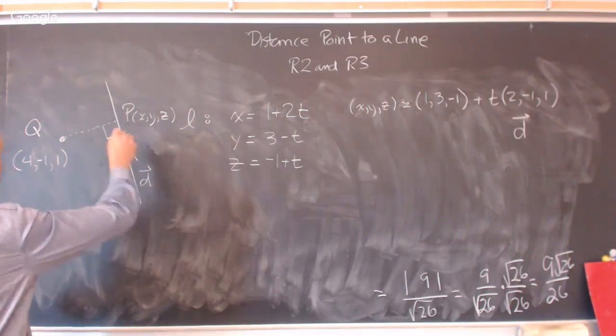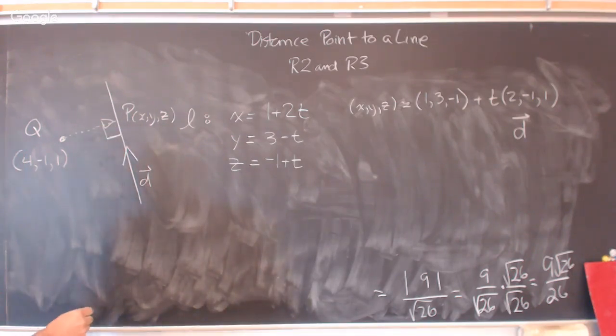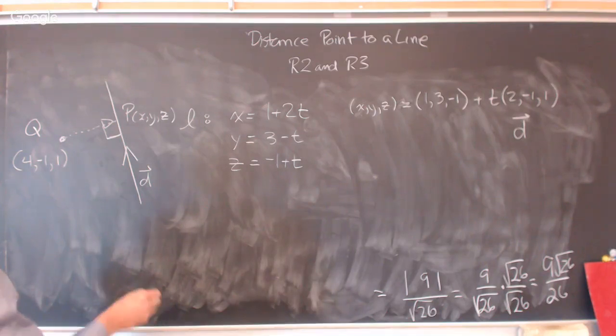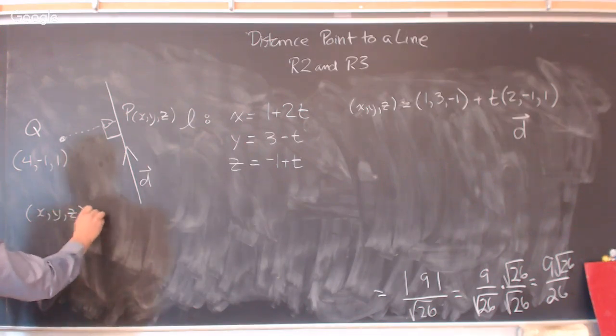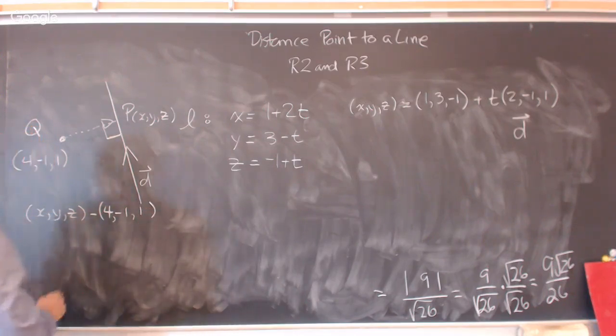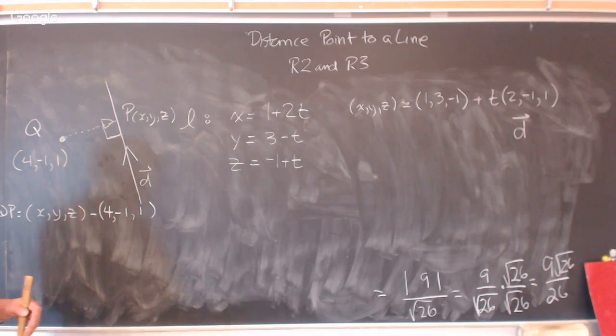Okay, all right. So first of all, we need to do QP, and so we're going to do tip minus tail. Is everybody ready? Yeah, that's right. So we're doing x, y, z minus 4, negative 1, and 1. Okay, so we're going to find QP. It's going to be equal to x, y, z minus 4, negative 1, 1.